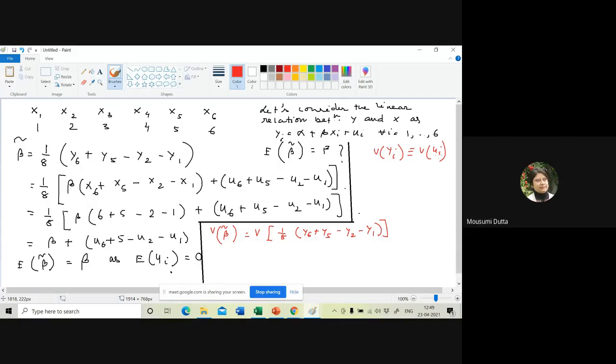Okay, Aratrik has placed his idea. Anyone else? Beta is a constant. We have to calculate variance of beta tilde, not beta. Variance of the estimator. I'm giving you a hint: variance of yi is equivalent to variance of ui.